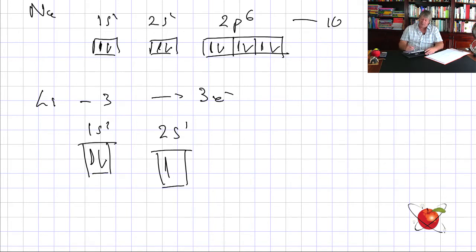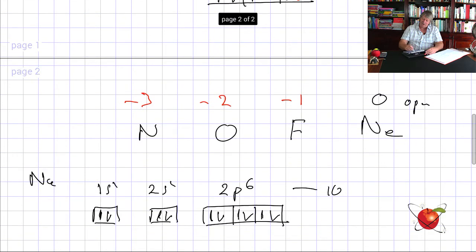Remember we were looking at open spots? This one's got an open spot. But what happens here, right? Lithium is a metal. These others that we were talking about here are non-metals.